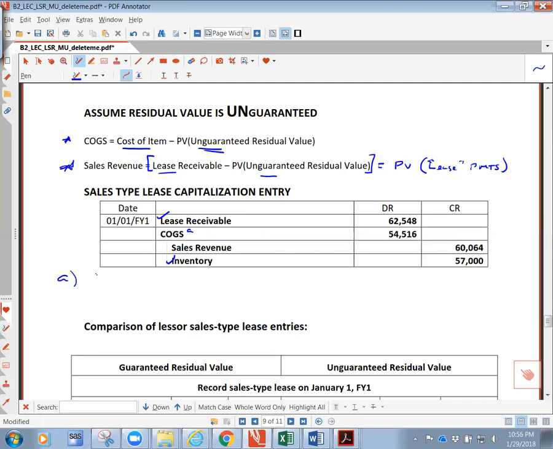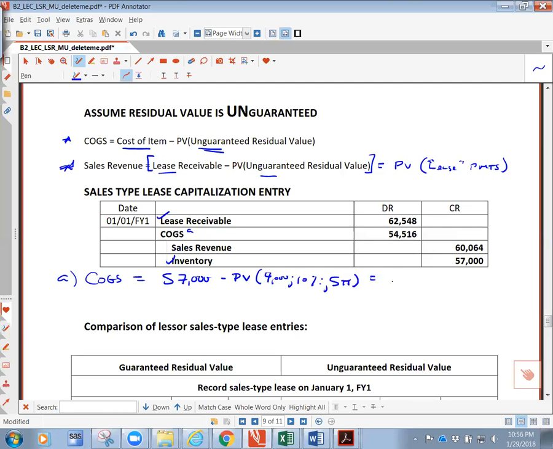A, cost of goods sold equals the cost of the item minus the present value of the residual value, which is 4,000, 10%, 5 periods.